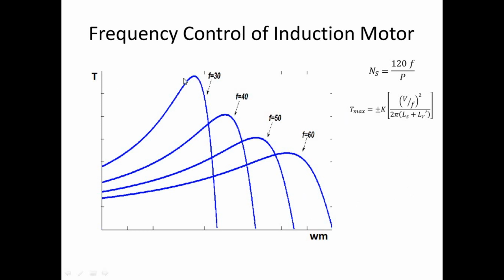Here it is this much, here it will be decreasing, so T max is decreasing in square proportion. Okay, so this will be the speed-torque curve of a frequency controlled induction motor. T max will be decreasing as speed is increasing.